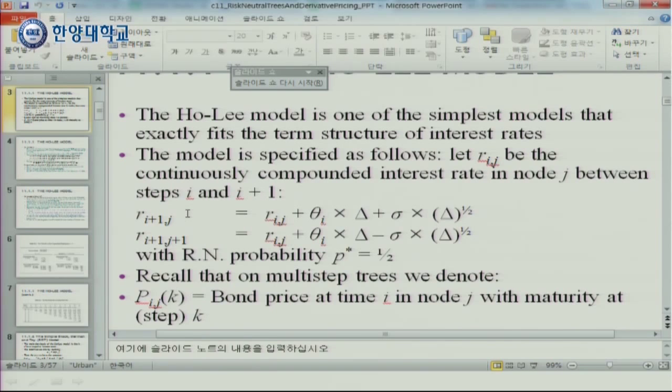Yes, Dave. For interest rates, they always use historical volatility. They don't use implied volatility from interest rate options. That's another interesting question. If we have option data, we can actually calculate sigma.